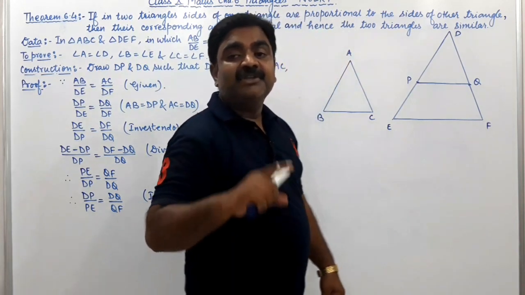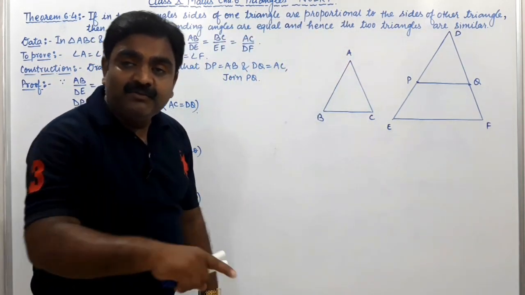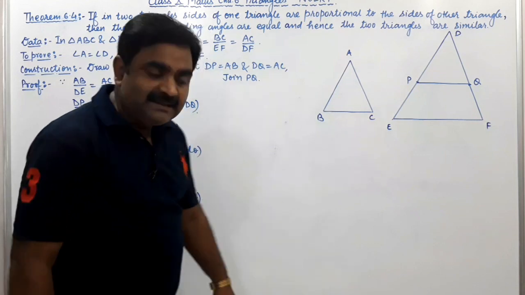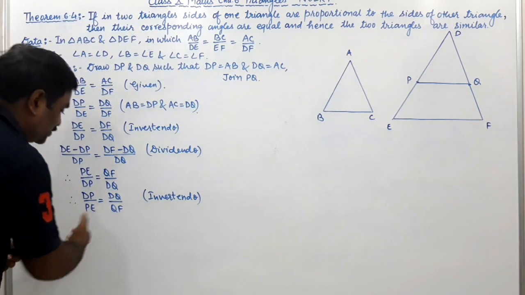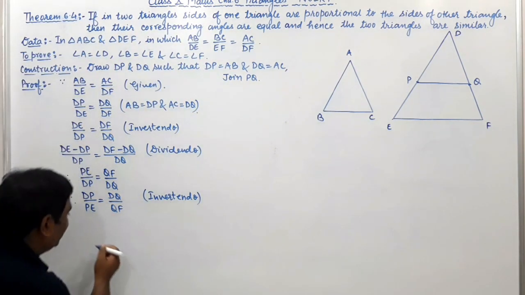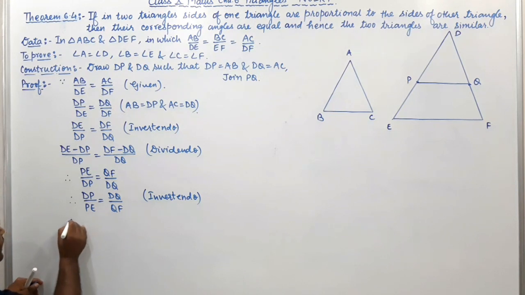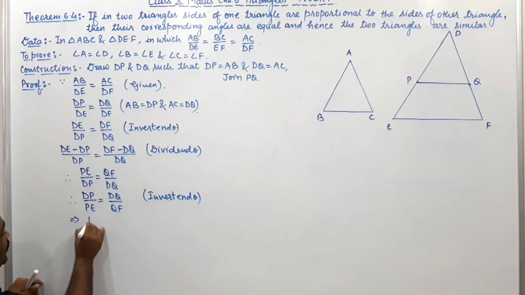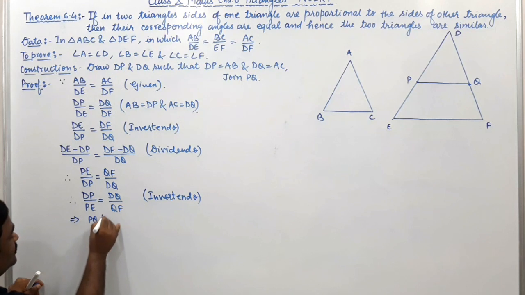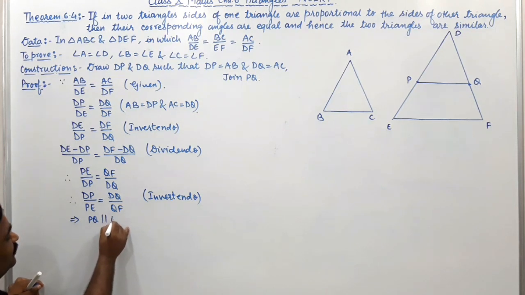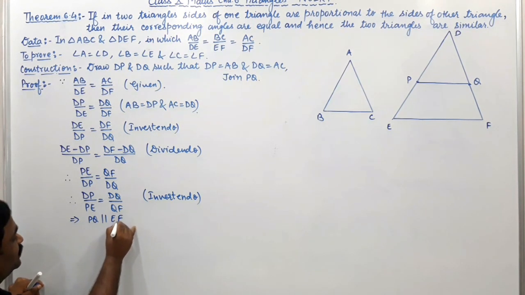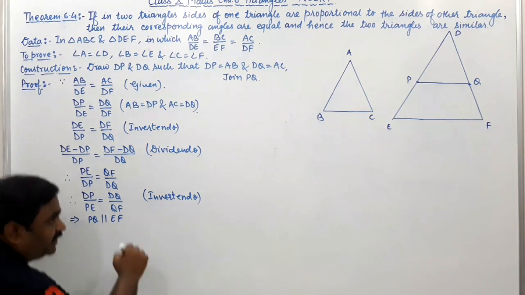By which theorem? Theorem 6.2, by converse of the basic proportionality theorem. Therefore, on the basis of this, you can see that the line segment PQ is parallel to EF.